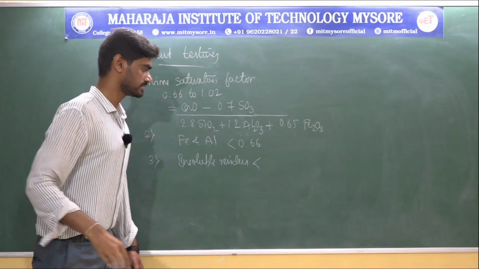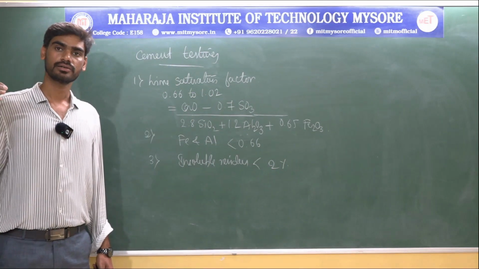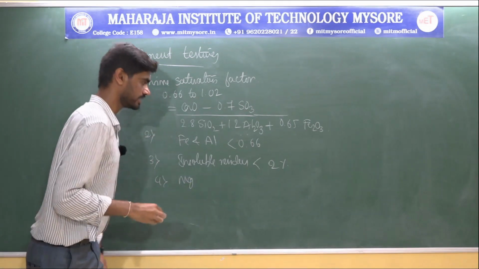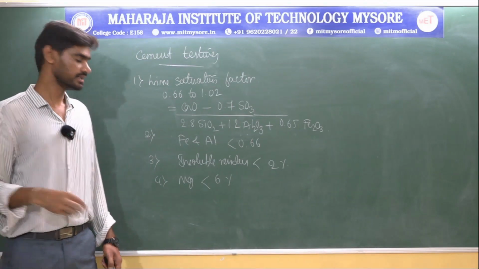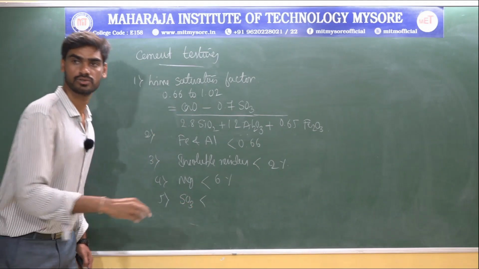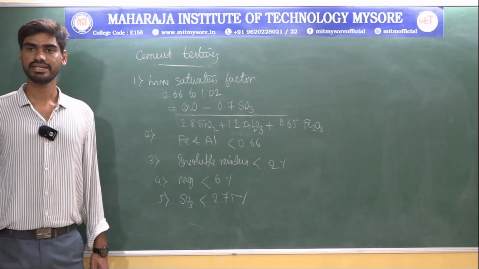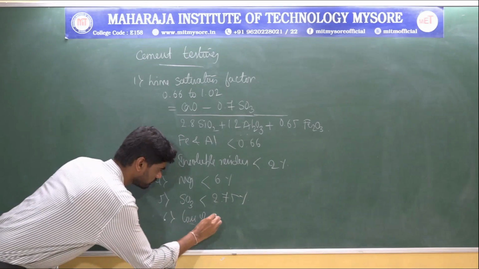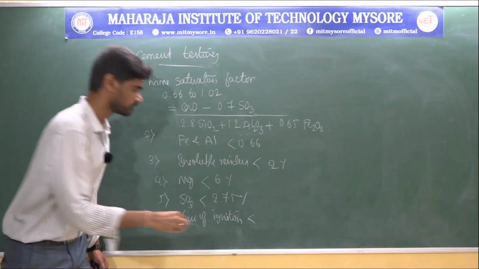Then the magnesium oxide content, the fourth one, MgO content should be less than 6%. Then the fifth one, SO3 content should be less than 2.75%. And finally, the loss on ignition should be less than 4%.